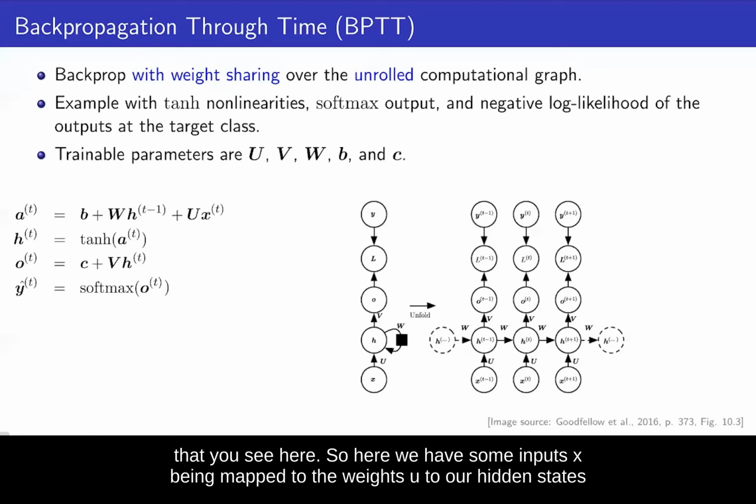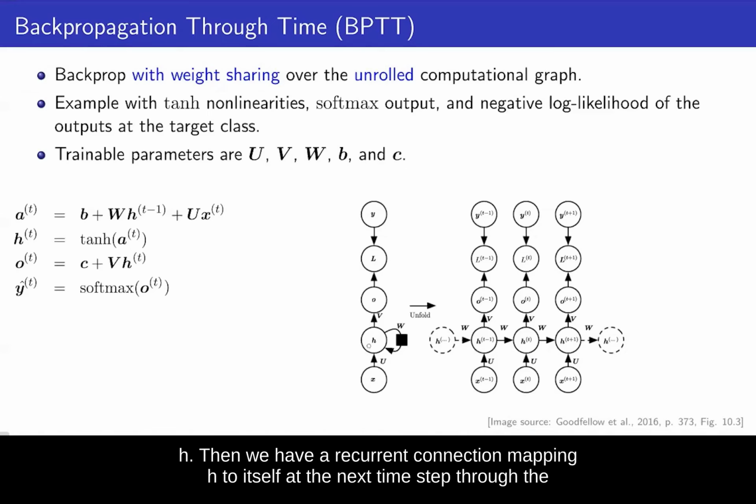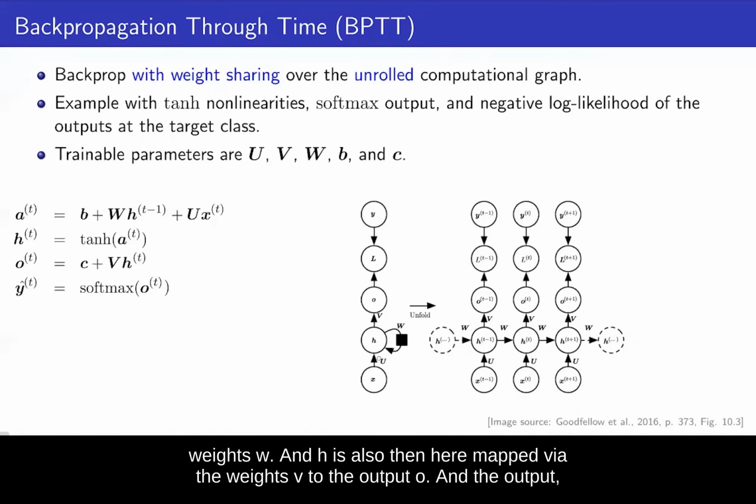So here we have some inputs X being mapped through the weights U to our hidden states H. Then we have a recurrent connection mapping H to itself at the next time step through the weights W. And H is also then mapped via the weights V to the output O.